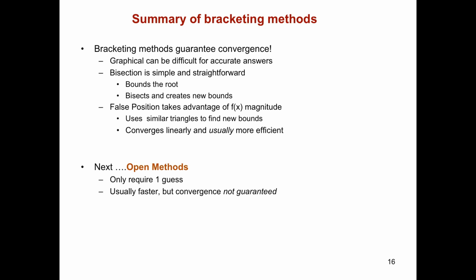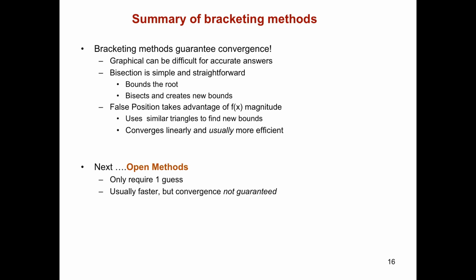And then once I have this bracket, where bracket means that f of the lower end times f of the upper end is negative, then I can employ either the bisection method or false position, and I will find the root. Now, in this case of false position, my relative error might not go as far down as I would like it to go.